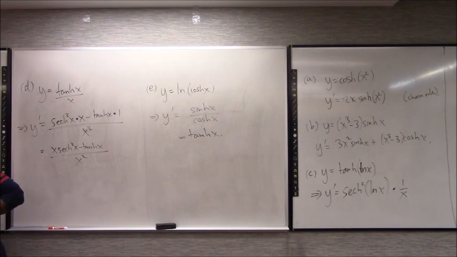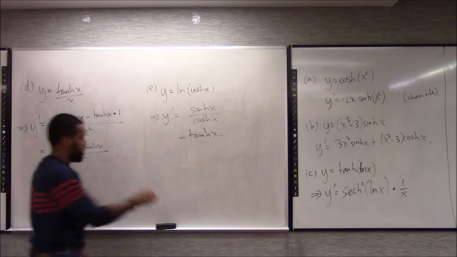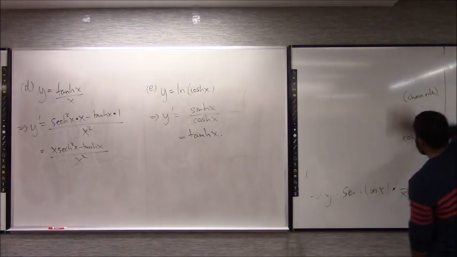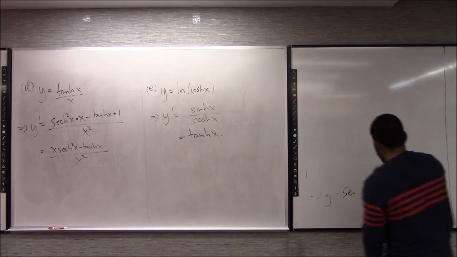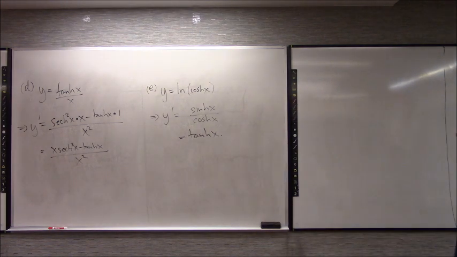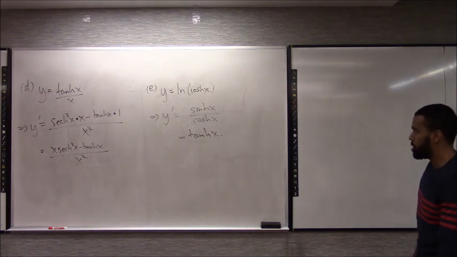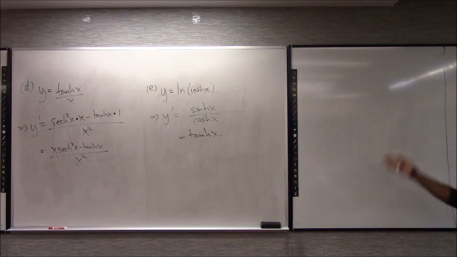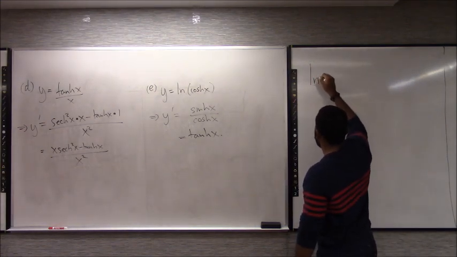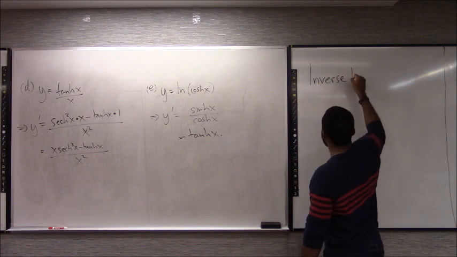So for the hyperbolic cosine, we do have to restrict the domain to be able to find the inverse, because you need to be 1-to-1 and onto to find an inverse. But we can define inverse functions.